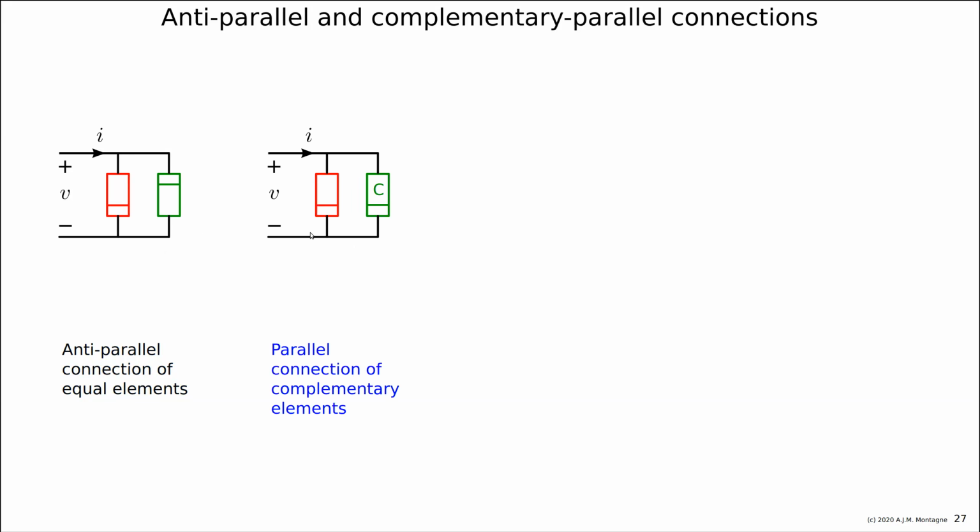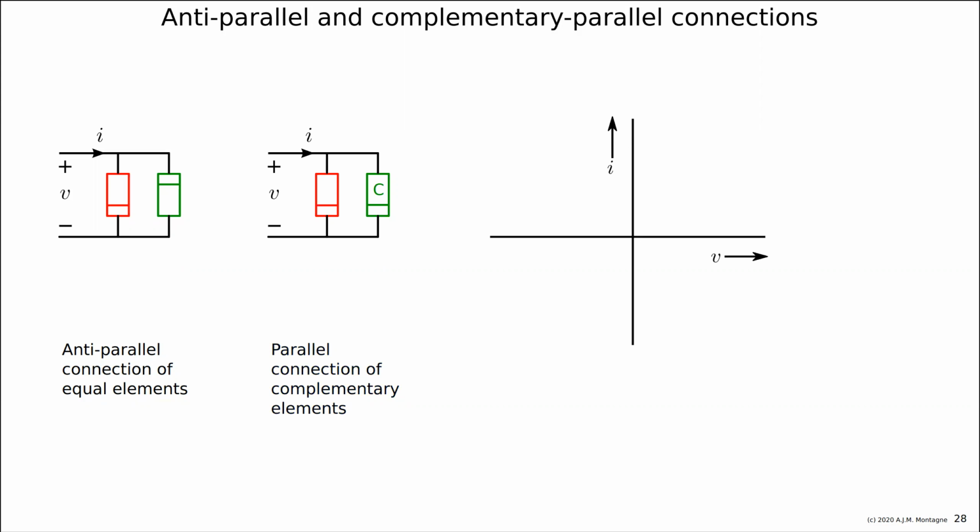So here we have two complementary elements in parallel, and the first is two anti-parallel connection of equal elements. It's just a matter of naming, and it's important that you now already see that we can use anti and complementary as terms that can replace each other.